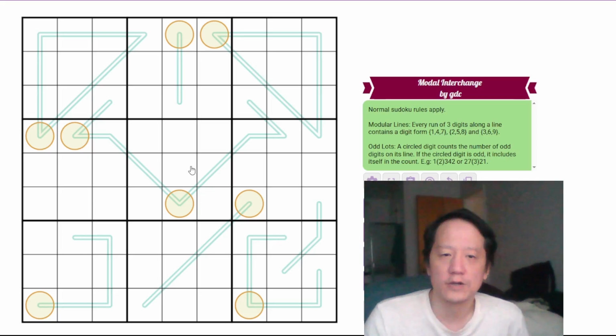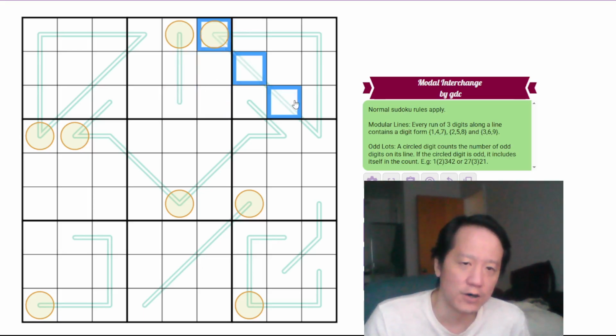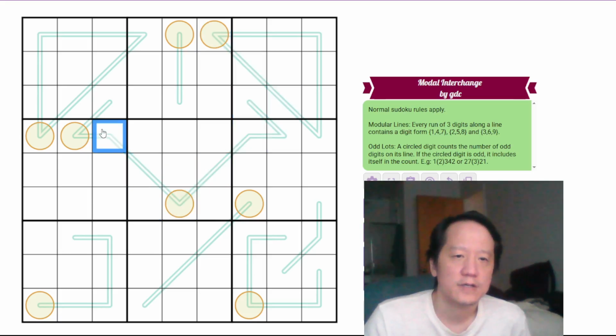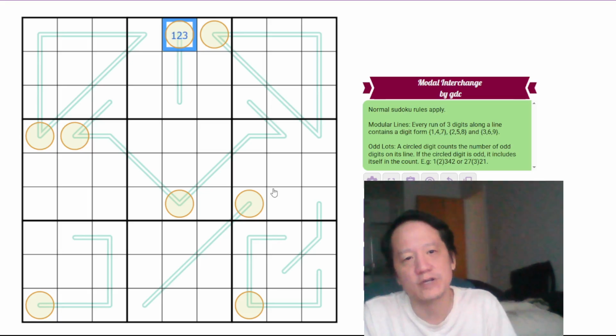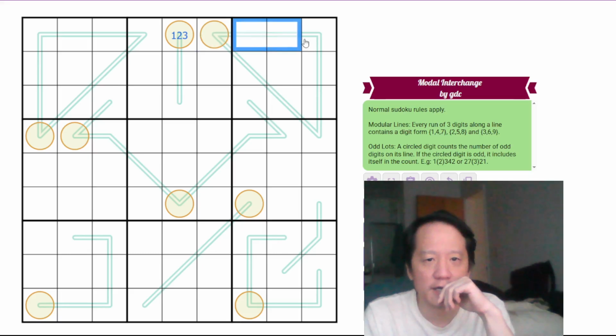Let's go. Okay, so the simple thing is these odd lots can only be as large as the lines are long. So this is 1, 2, or 3. This could be any digit 1, 2, 3, 4, 5, 6, 7, 8.